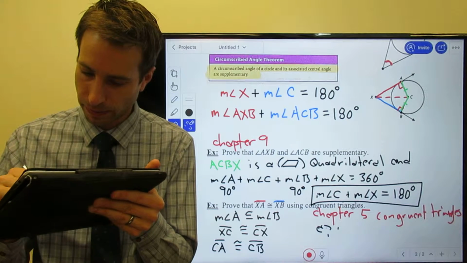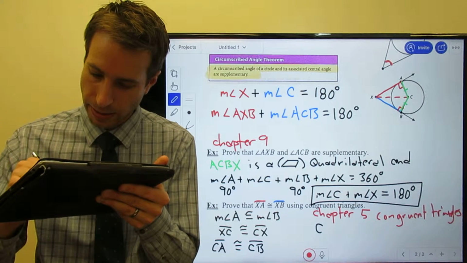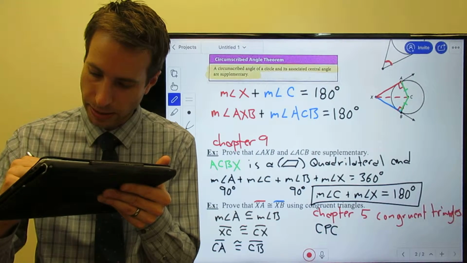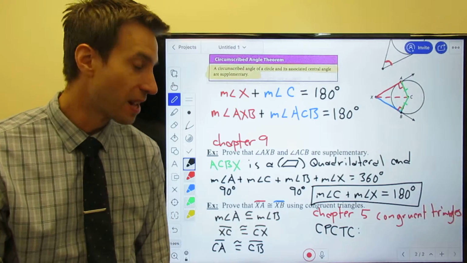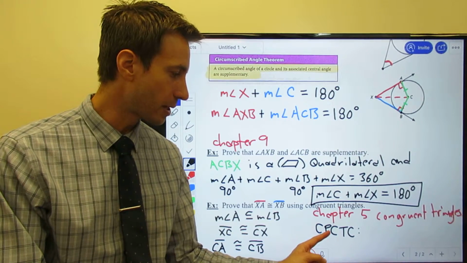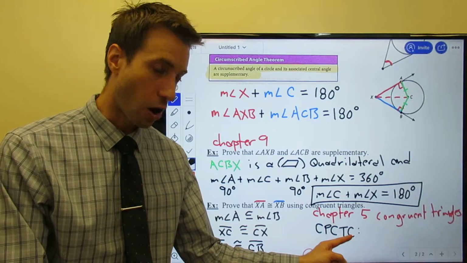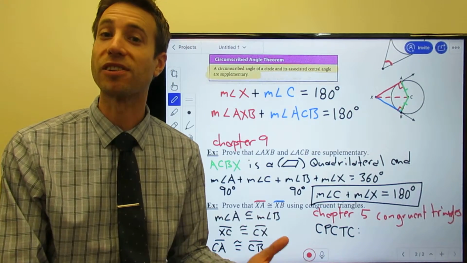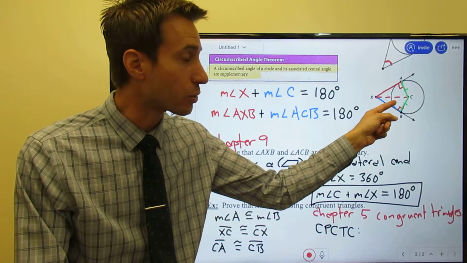CPCTC. Do you remember what that stood for? This stood for the corresponding parts of congruent triangles are congruent. Corresponding parts of congruent triangles are congruent. I know that these two triangles are congruent.